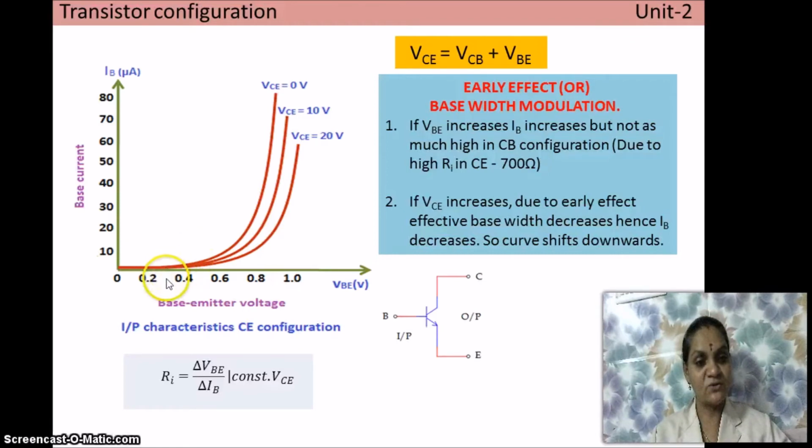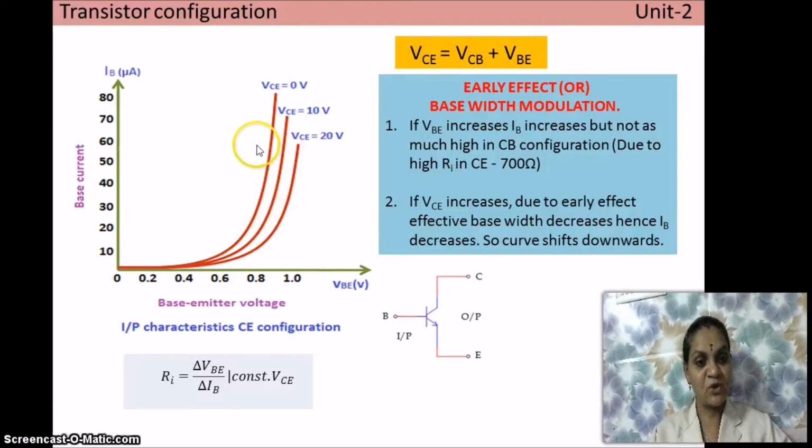After the cut-in voltage of 0.3 volt for a germanium transistor, the input current flowing through the transistor starts to increase. This is the VCE equal to 0 curve, which increases exponentially. This is because the transistor follows the diode's behavior. The diode's forward bias characteristic is exponential in nature, so here the transistor also has the same characteristics.